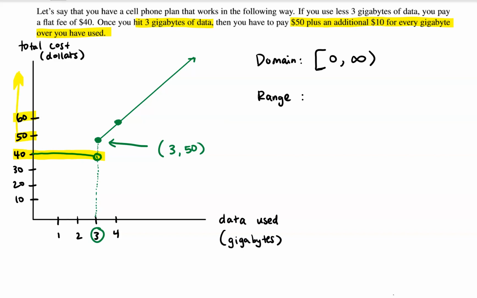So the way that we denote that in our range is we have a single element or item of 40, so I'm going to place that in curly brackets, and then union, meaning I'm combining it with another interval, starting at 50 and going up to infinity. So there is our domain and range for this example.